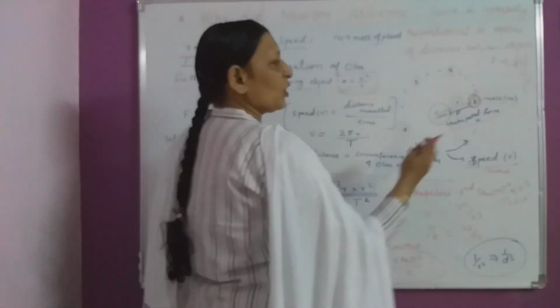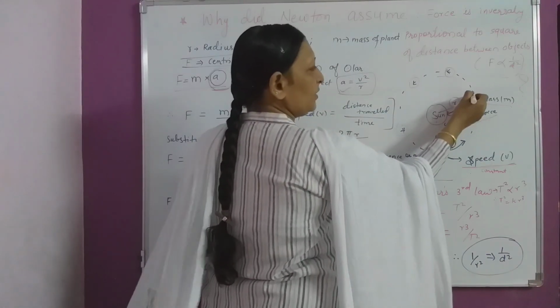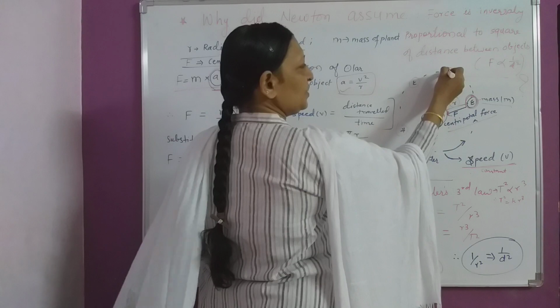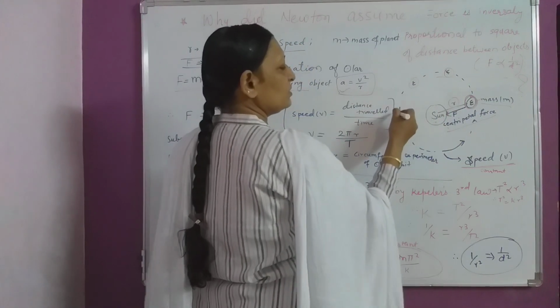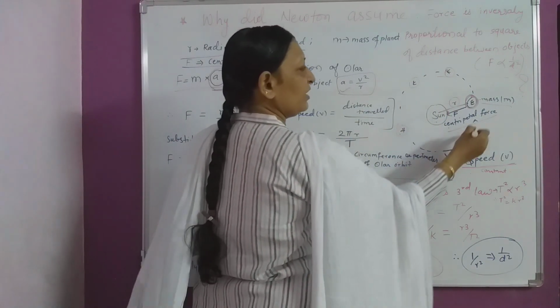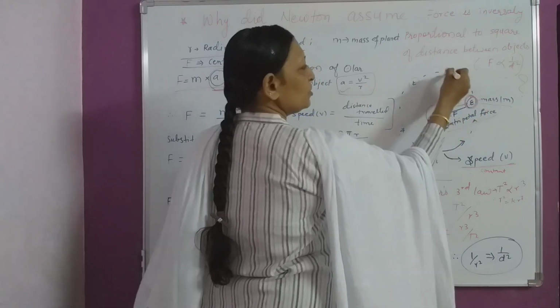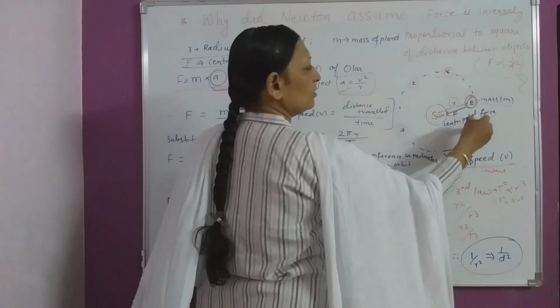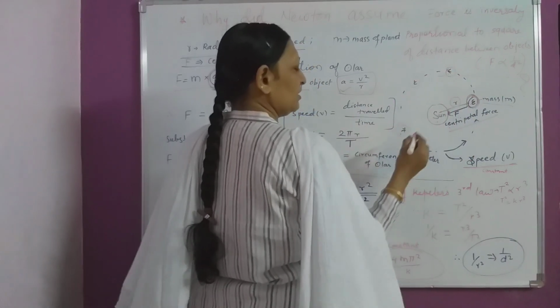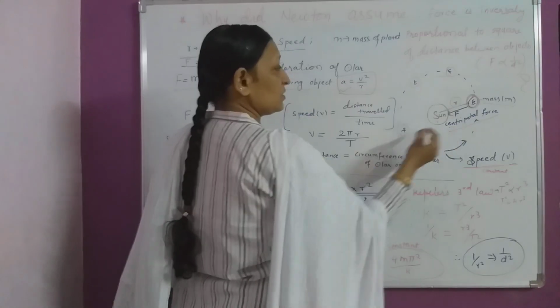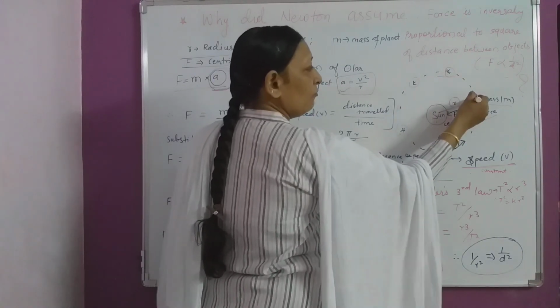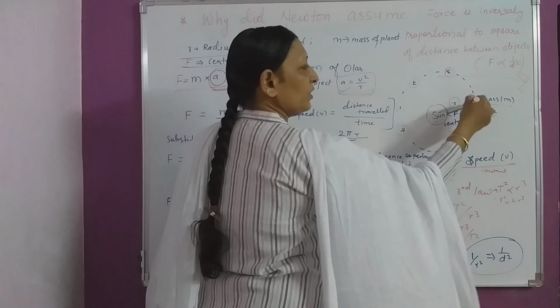Means suppose the object is over here, it moves, reaches here, again it moves and reaches here, and finally it comes back. This complete circular path is nothing but the distance. How much distance does it travel? From here back to here.